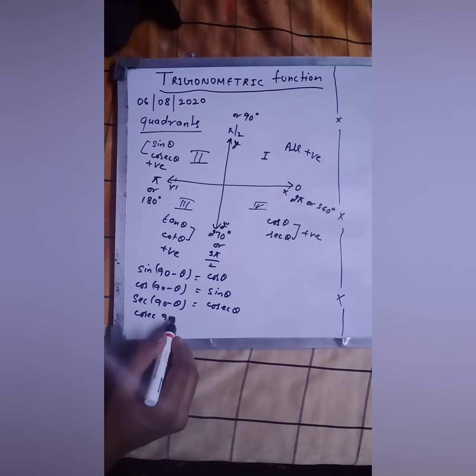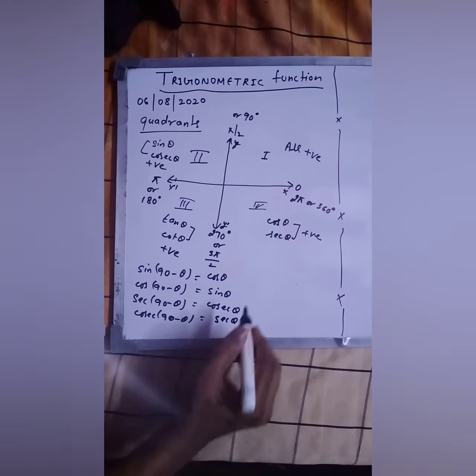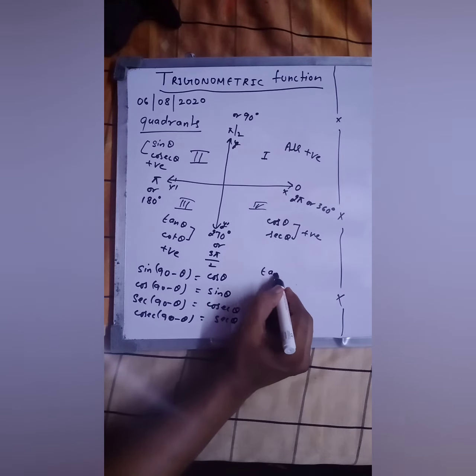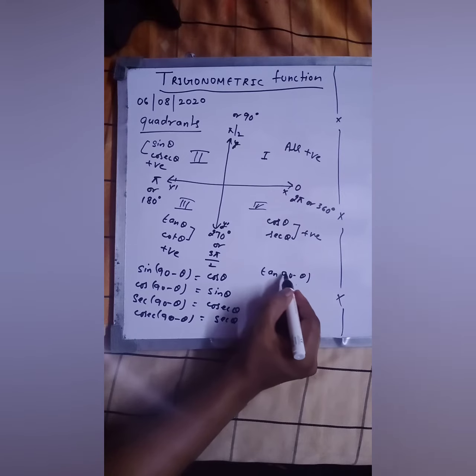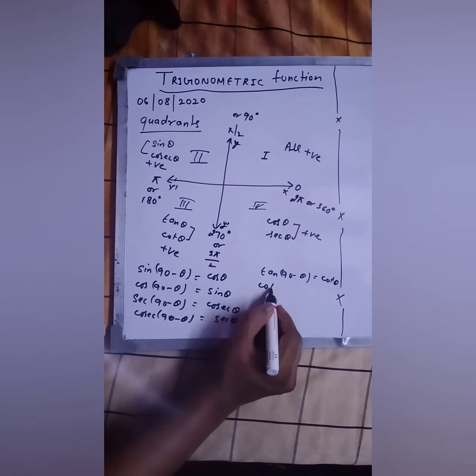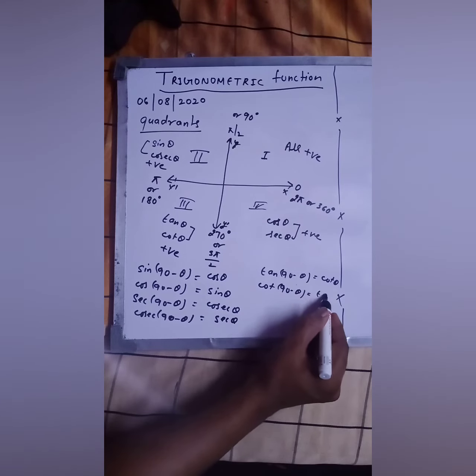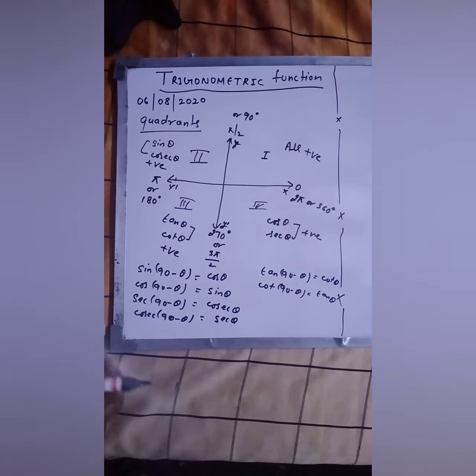Cosec 90 minus theta is equal to sec theta. Tan 90 minus theta is equal to cot theta. Cot 90 minus theta is equal to tan theta. So these formulas you have already done in your 10th standard.